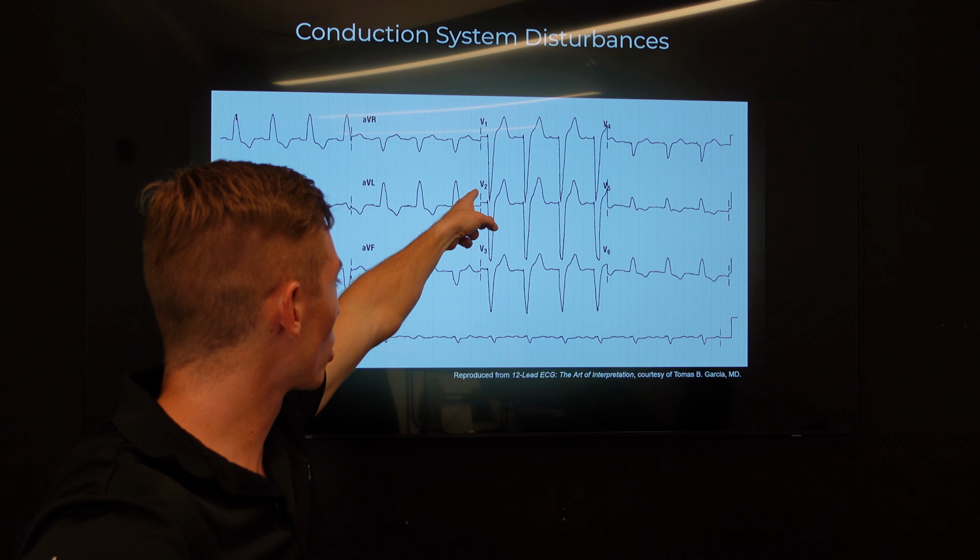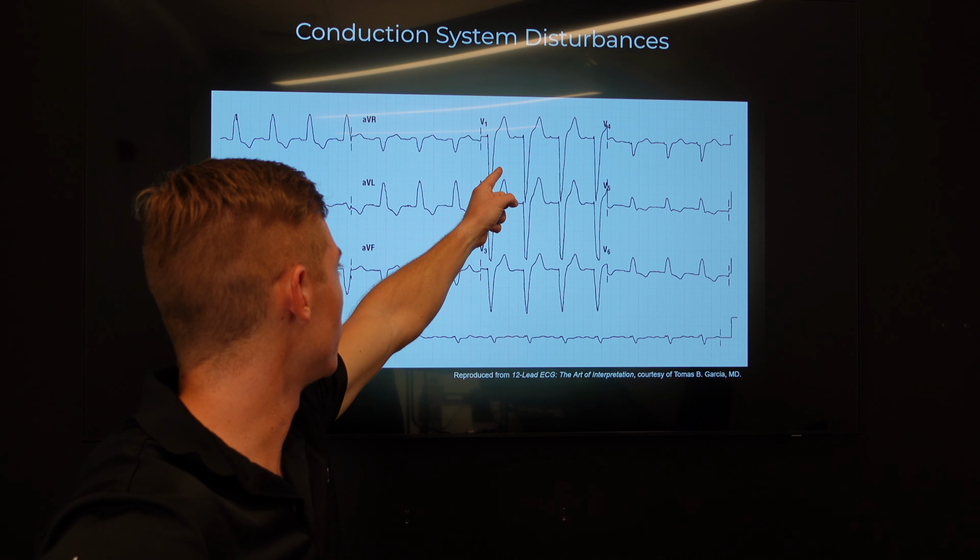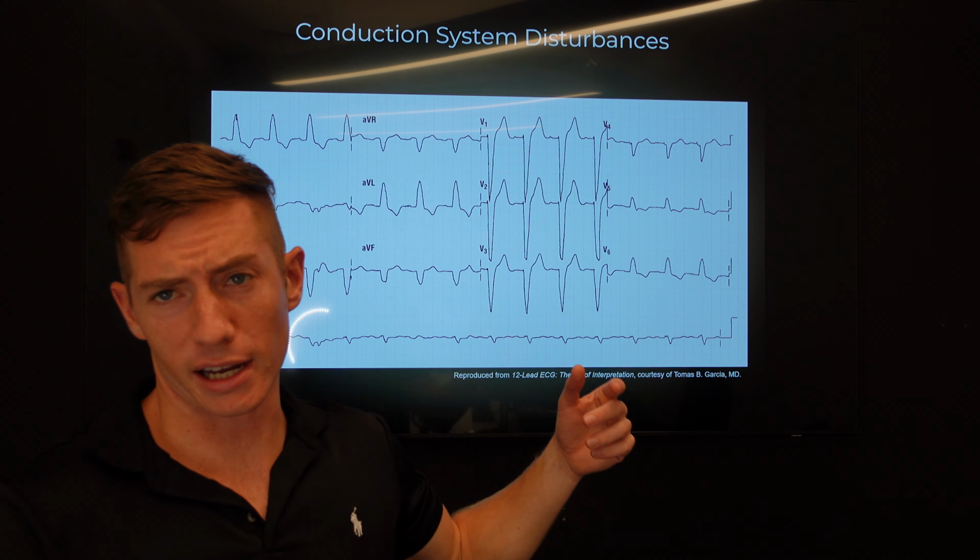So we know there's more electrical activity happening in V2, V1, and V3. Where are those leads at?